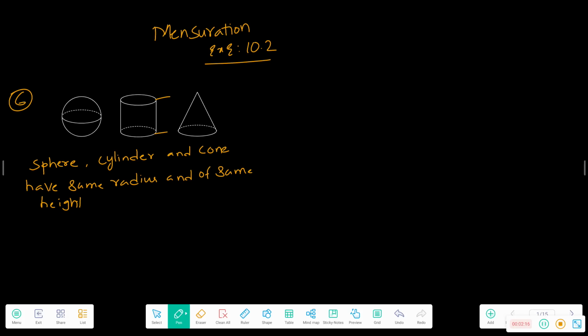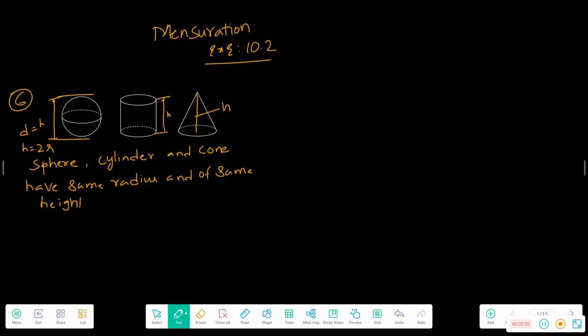Here the heights are the same, let it be h. This height is also the same, it is h, and the height of this one is also h. When we say the heights are the same, it is nothing but the diameter. D is equal to h, so h is equal to 2r here.